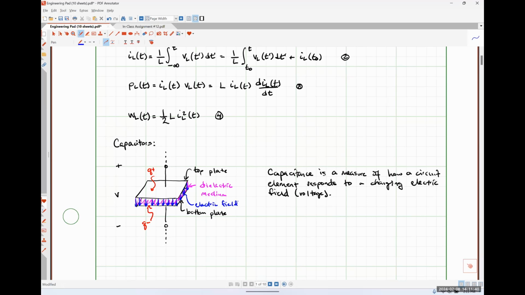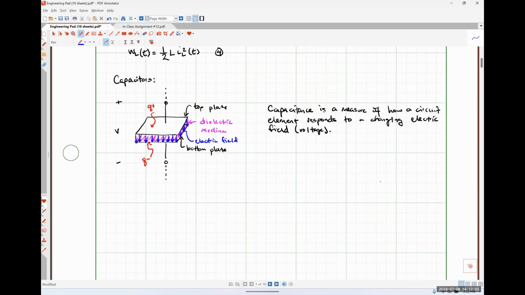All right, so we have some basic understanding of how a capacitor is constructed. I've given you a simple definition for capacitance, just a measure of how a circuit element responds to a changing electric field or a changing voltage. So let me give you the circuit schematic symbol really quickly.